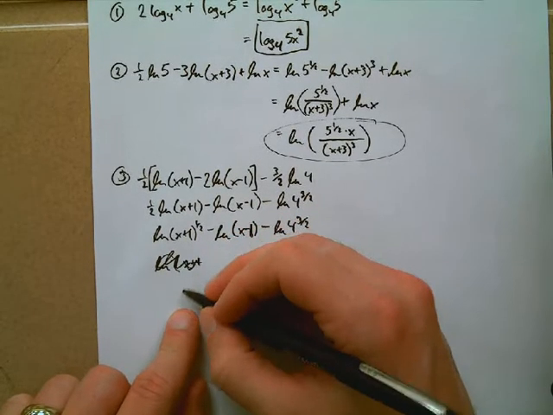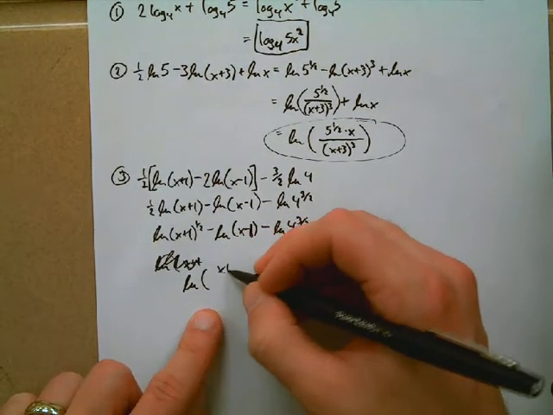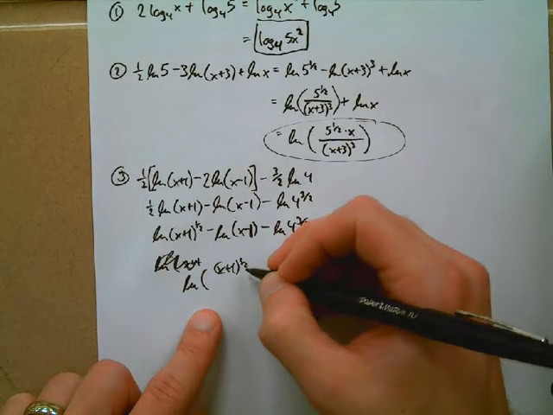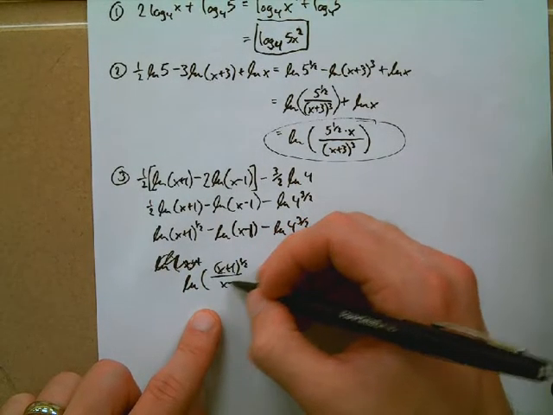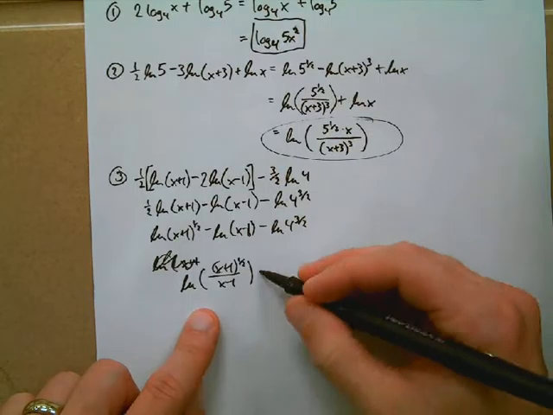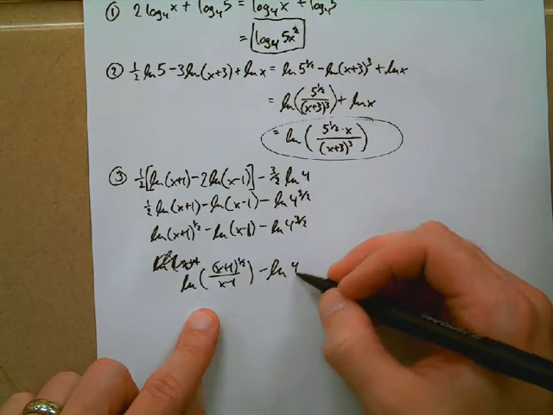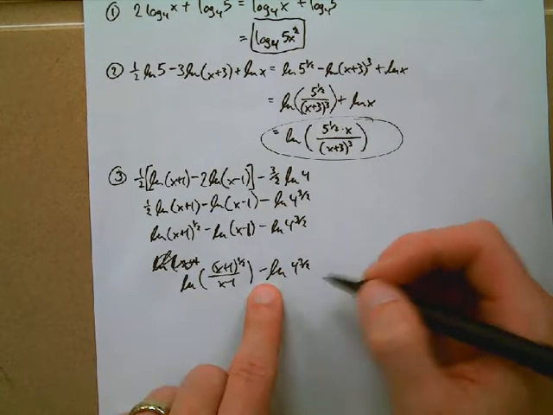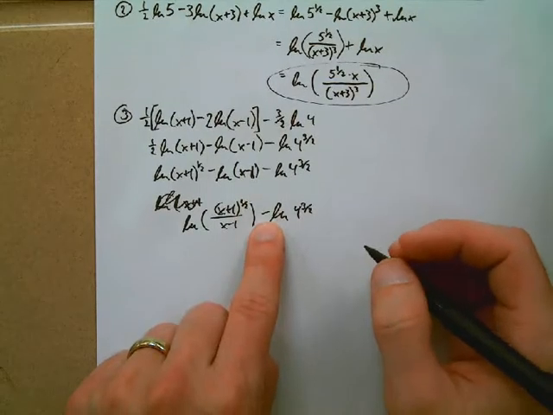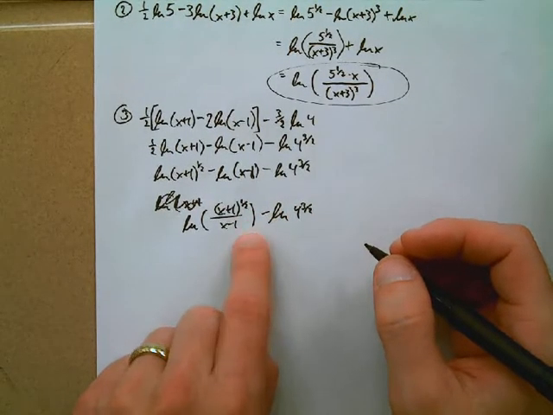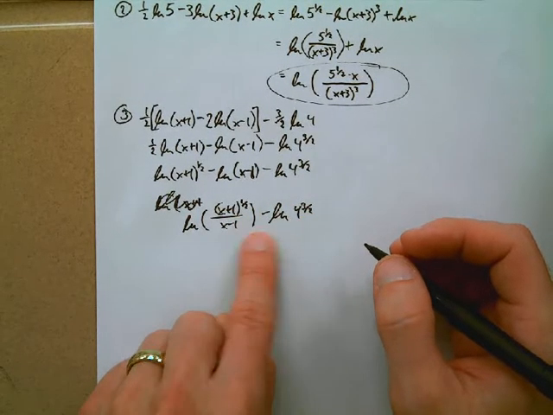And then since we have another subtraction here, that's going to be divided, right? So dividing the thing, that means this thing's going to go in the denominator. And so we're going to end up with the natural log of x plus 1 to the 1/2 in the numerator over 4 to the 3/2 times x minus 1, like so.